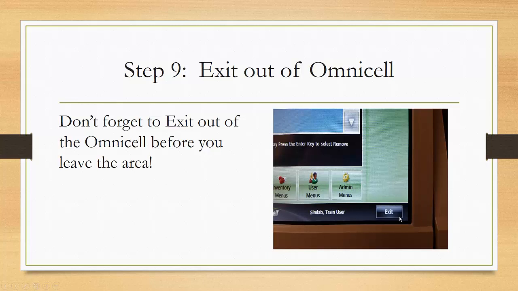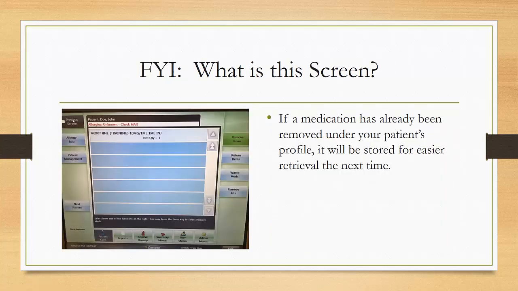Just remember that this is good practice to get into, because you don't want anybody withdrawing any other medications with your name. So if for some reason you should get this screen, this is a screen if you went back to this patient's pick list a second time. Any medications that are withdrawn from your patient's profile will appear here.